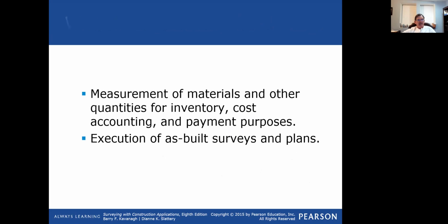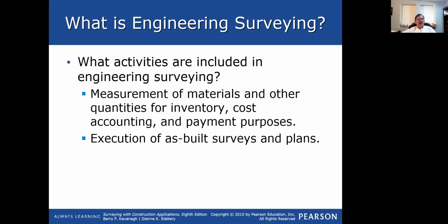And then one of the things that ends up happening here that is discussed is this measurement of materials and other quantities. Surveyors take measurements using as-built surveys of the finished product. Once a project is built, the shopping center is built, the highway is built, surveyors will measure it, and they'll use that data to compare the quantities and whether or not somebody actually built it correctly and with the right amount of materials.